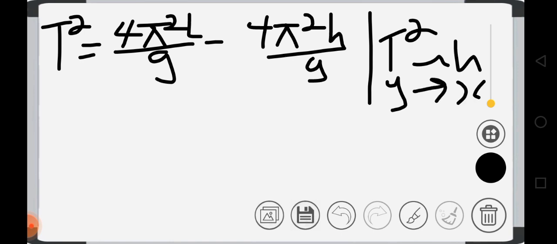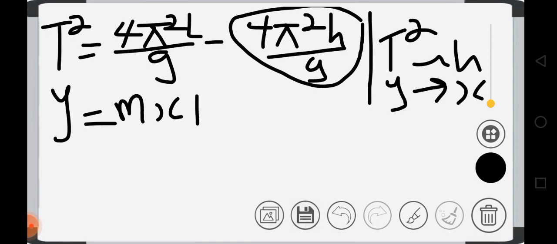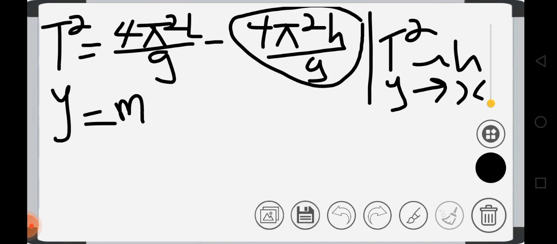So if I compare at the end of the day, since our h is the x-axis, if I compare this equation to this, y is equal to mx plus c. See that the x-axis should be here. Although if the x-axis is still here, it's still correct, it's not too bad. So I want to bring this one to this side. I want to just interchange the terms. Then I'll be having something like this.